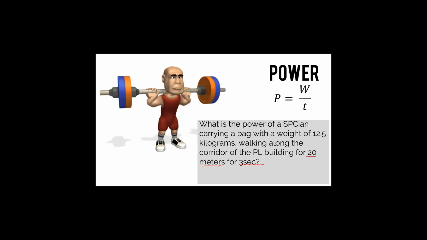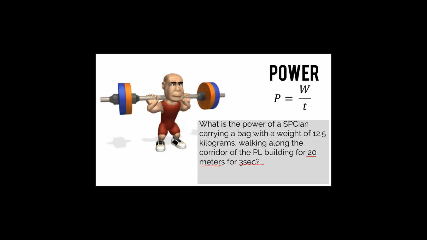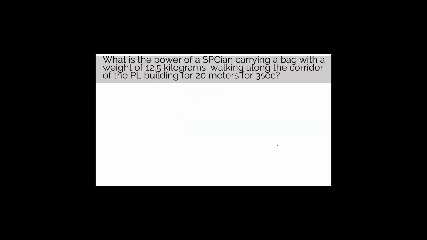Since the corridor is horizontal, angle theta is equal to 0. And the force applied, since hindi binigay yung kanyang specific applied force, we will use the minimum force required, which we already discussed during work. So F times D times cosine theta divided by time.